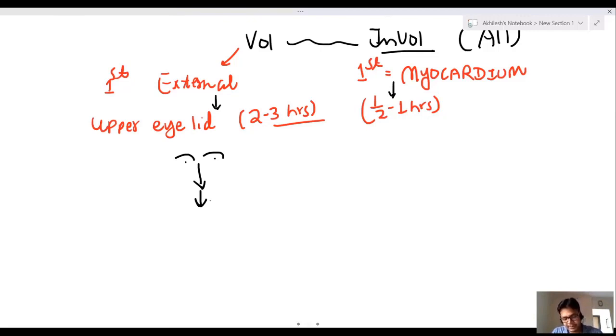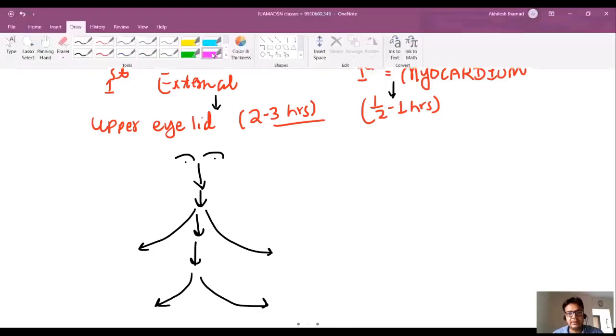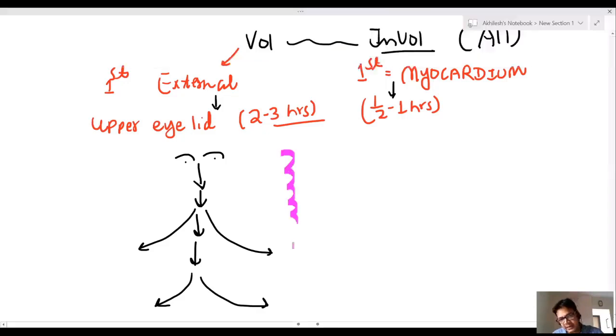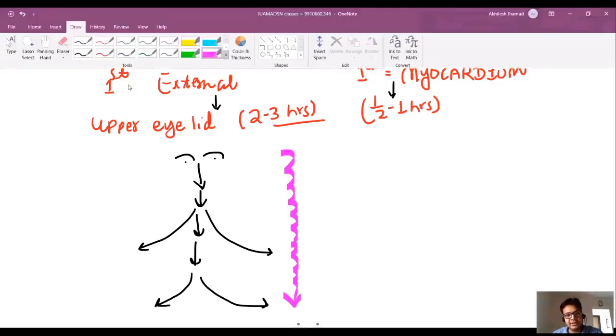It first appears in myocardium, then eyelids, then neck, then it goes downwards to the upper limb. So one thing is clear: it starts from here, then goes upwards to downwards. This is known as Nysten's law.